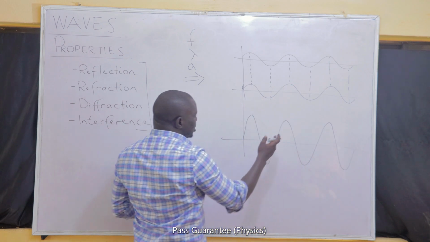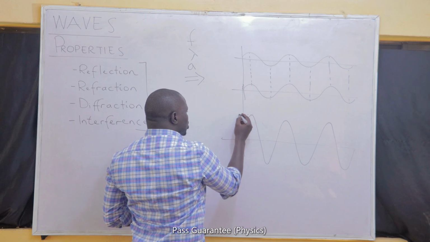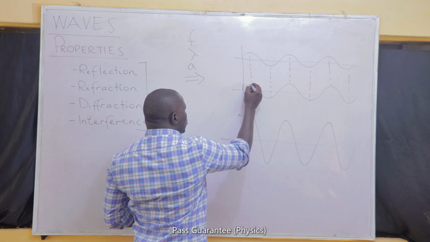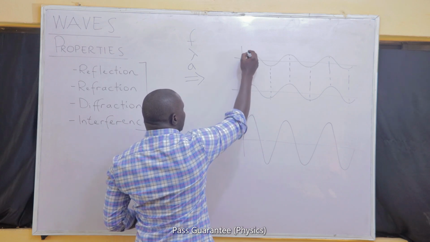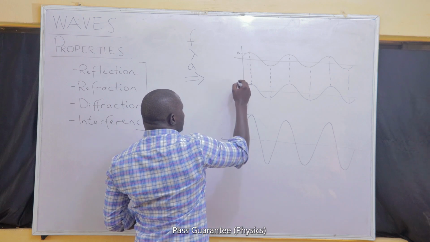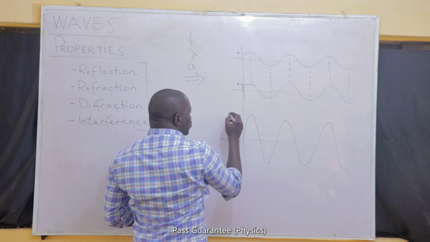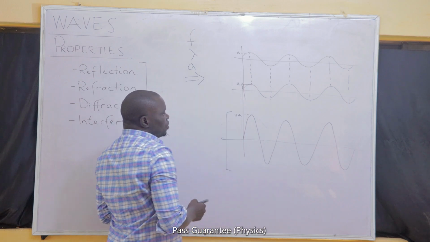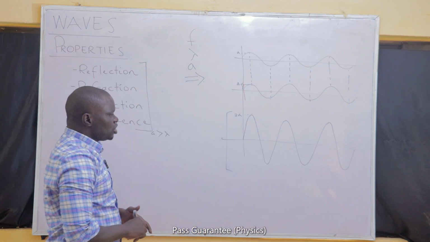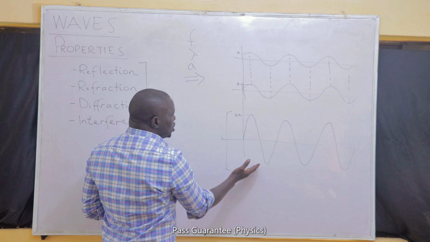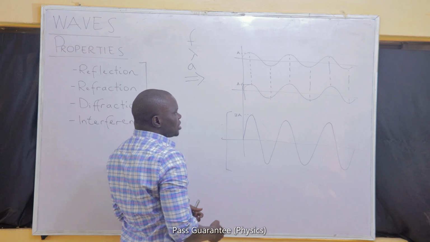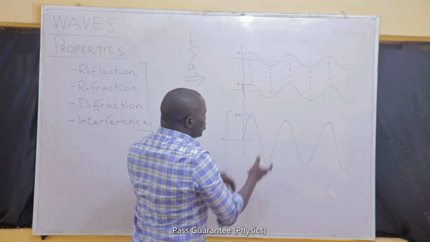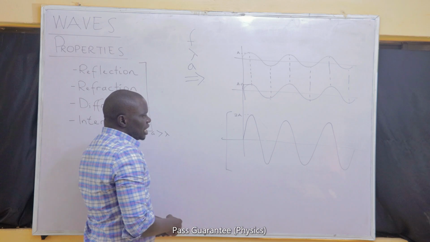The amplitude of this one will be twice the amplitude of the two waves, if they are equal. The resulting wave will be twice that of each of the individual waves that you have merged. When this happens, we call it constructive interference. The two waves have combined constructively. That is why you are forming a larger wave.